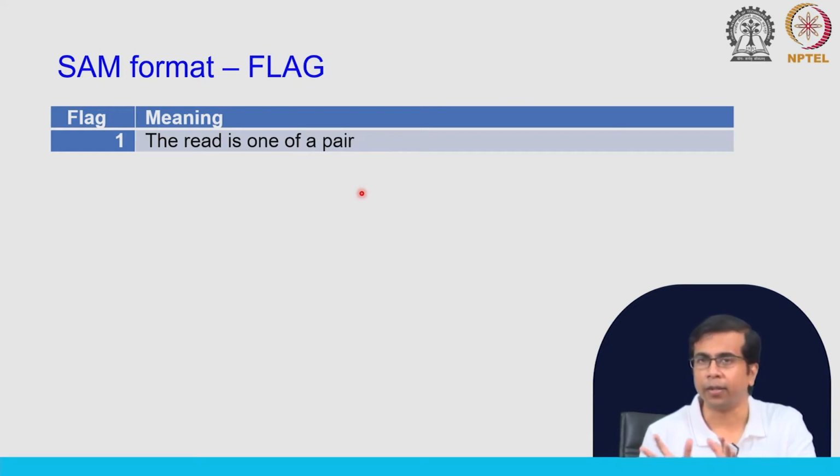We will interpret this in terms of Illumina data, because we are going through examples of Illumina data. So, flag 1 will be applied when a read is one of a pair. Now you can imagine, if you are dealing with single end sequencing data, you will not apply this flag on your read.